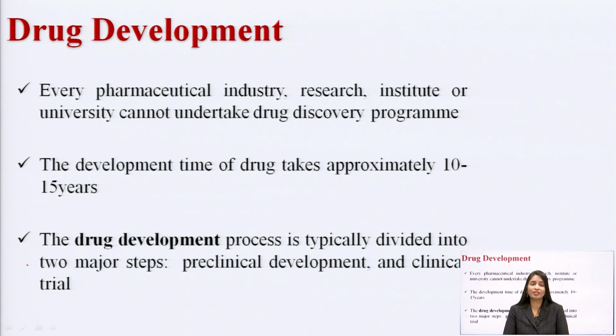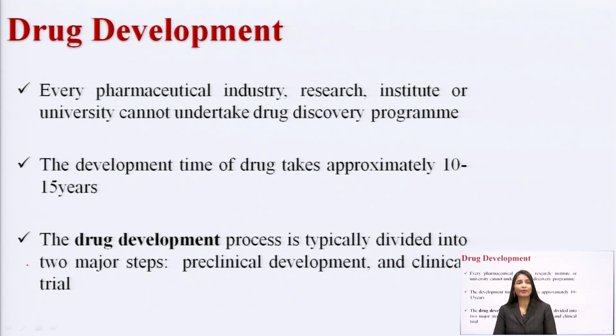Every university, college, research center or pharmaceutical industry cannot run a drug discovery program. It takes approximately 10 to 15 years or more, depending upon the drug you are going to invent, or the disease you are choosing for the particular drug.